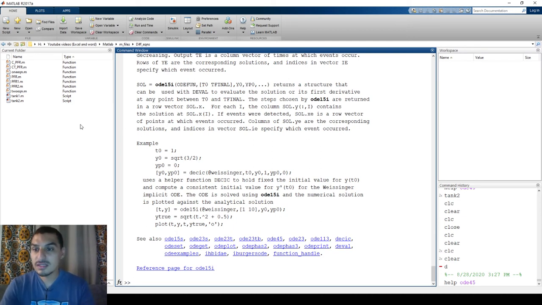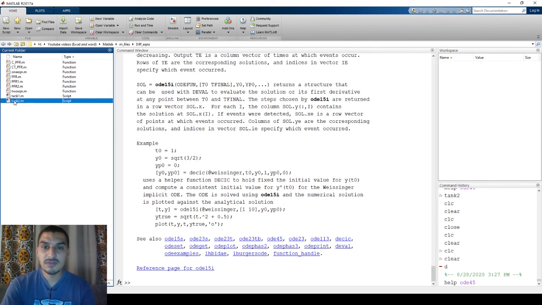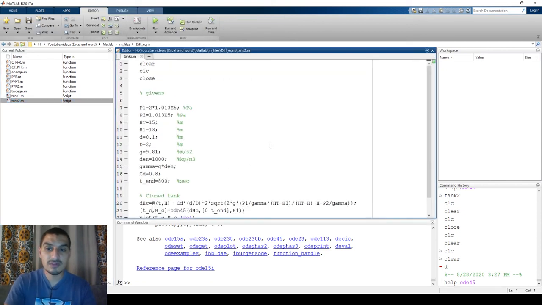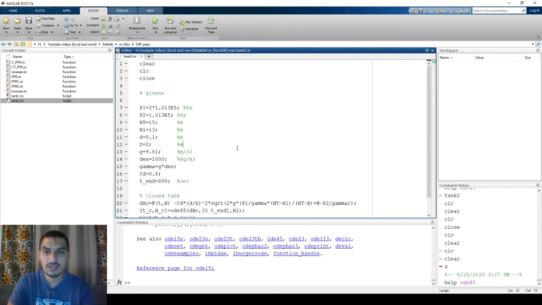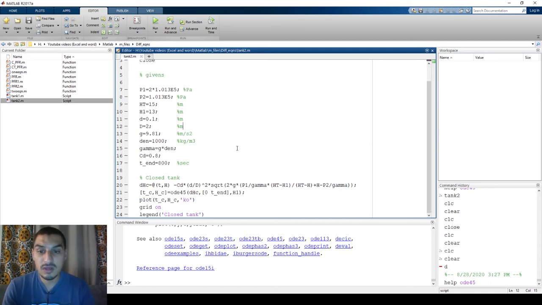So the last thing that I'm going to talk about in this video today is an example of the stiffness of the function. If you remember this case that we discussed before of the open tank versus the closed tank, and they were draining from an orifice. Before, the end time was 520 seconds, and this was the time that the tank needed to reach equilibrium.